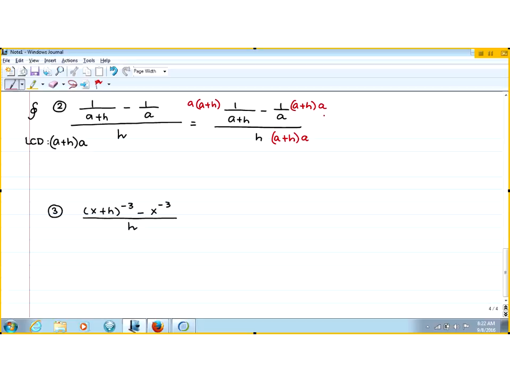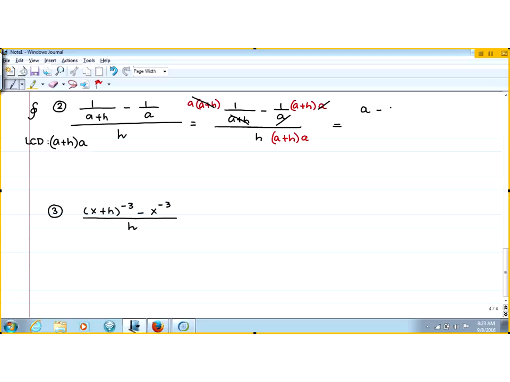So I multiply each one of them by my LCD. What am I left with when I multiply these? The a plus h cancels, and I'm left with a over 1, but I don't write the over 1. For the second one, what cancels?